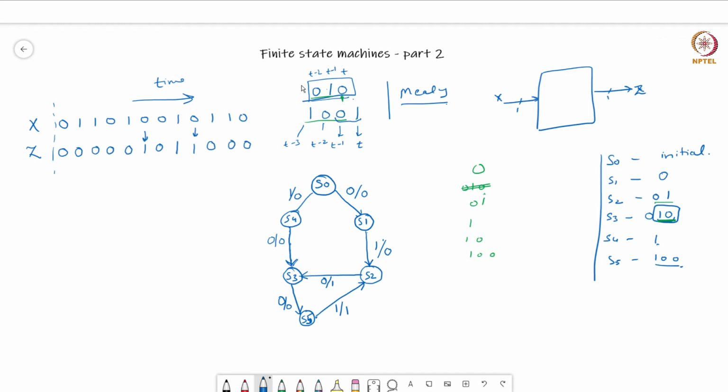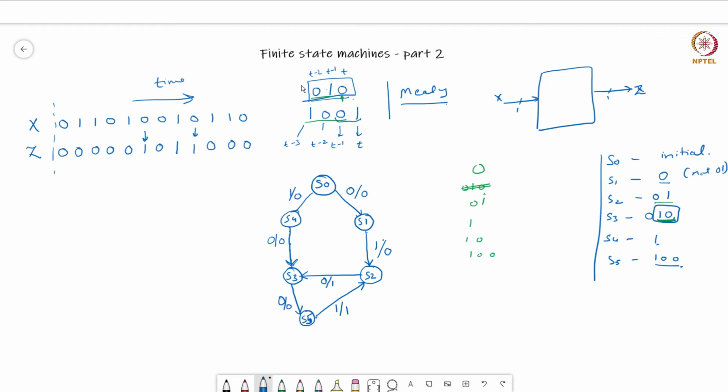For S0 we know that if the input is 0, then the state is S1. If the input is 1, then we will go to S4. Similarly we have to find out for the other states. One more thing we have to understand: whenever we say S1, it means the last input is 0 but it is not 01.